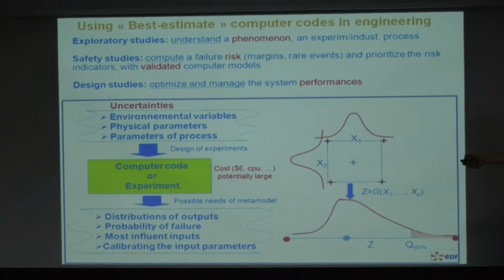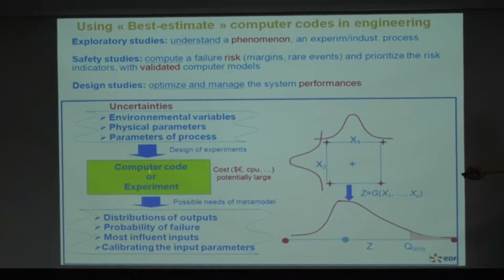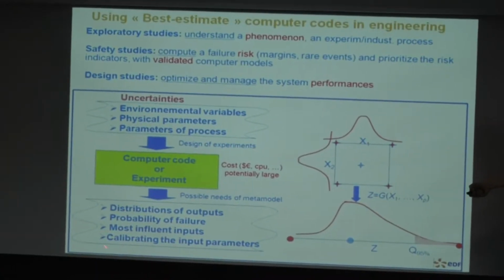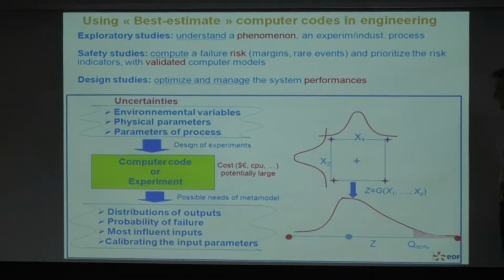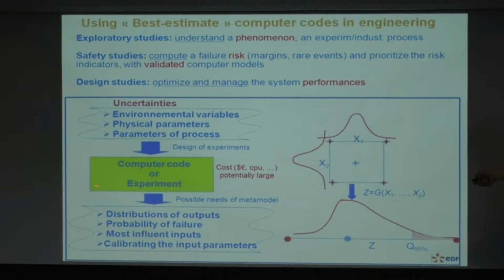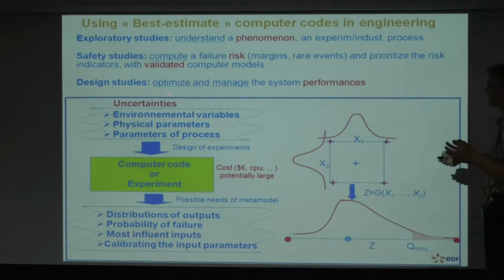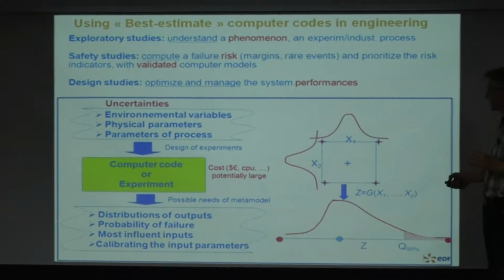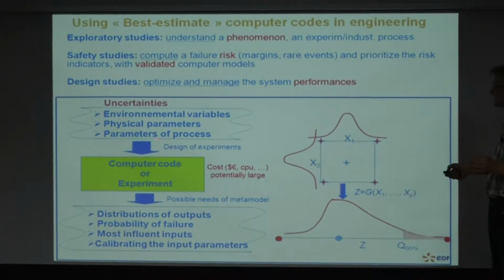You define your uncertainty, you propagate the uncertainty in your computer code, and you look at what happened after all this task. When one run or one experiment is costly, you have the chance in this framework to choose your experiment. So I will explain how to choose this, and these are the tools, what is called design of experiment.